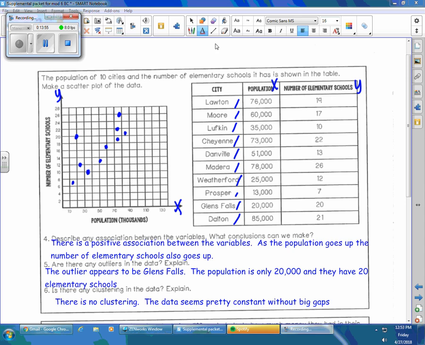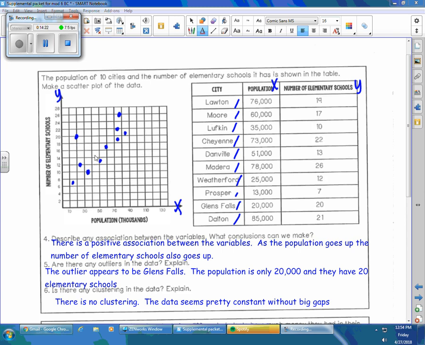Okay, here's how I answered the questions. Describe any association between the variables. What conclusions can we make? There appears to be a positive association between the variables. As the population goes up, the number of elementary schools also goes up. Are there any outliers in the data? This one up here, which is Glens Falls, the population is only 20,000 and they have 20 schools. That doesn't seem to be the norm.